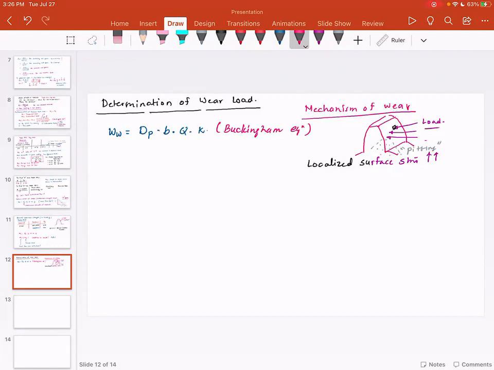In this equation, dP is the diameter of the pinion, B is the width of the pinion, Q is called the ratio factor.